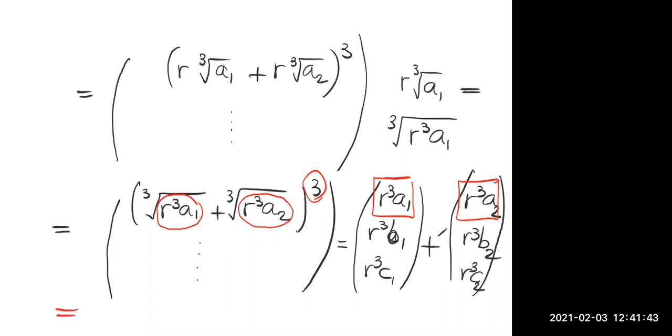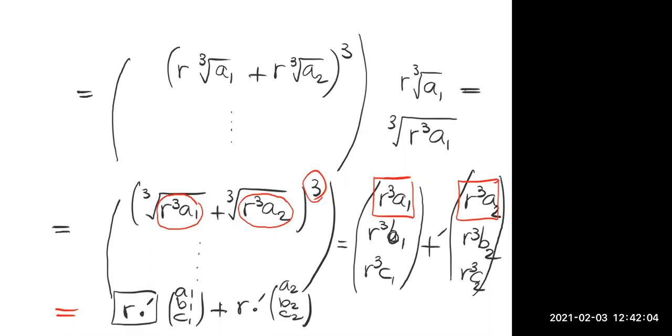Right? On the other hand, the first vector is just our definition of multiplication of a vector by a number, plus multiplication of the vector (a2, b2, c2) by the number r, right? The way we define this multiplication is by raising that number to the third power and then multiplying by the components.